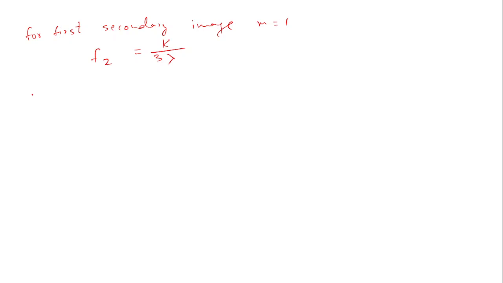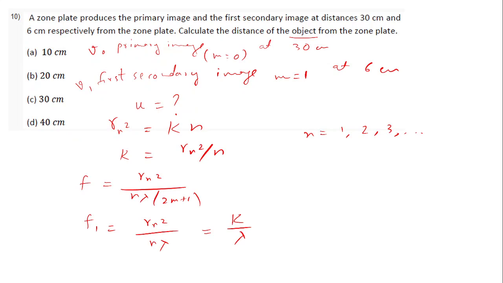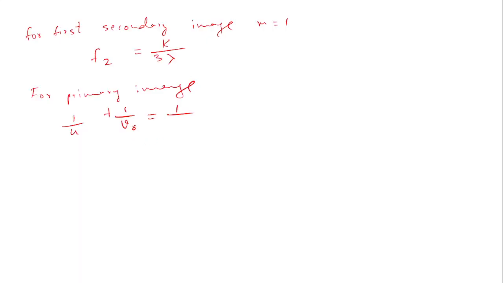Okay. Now for first case, that is for primary image, the relation will be 1 over u plus 1 over v0 is equal to 1 over f1, let's call this v1, which is equal to lambda by k that we have seen.